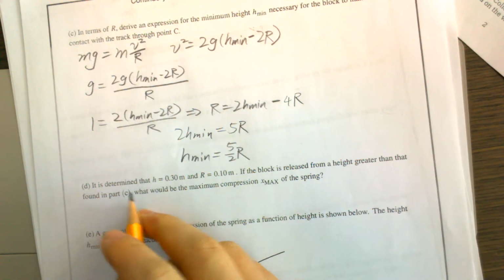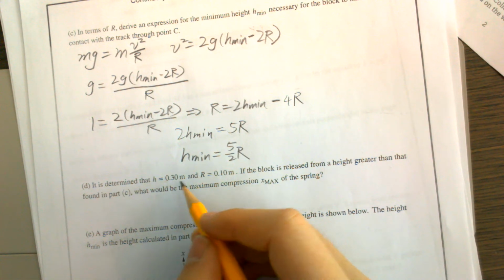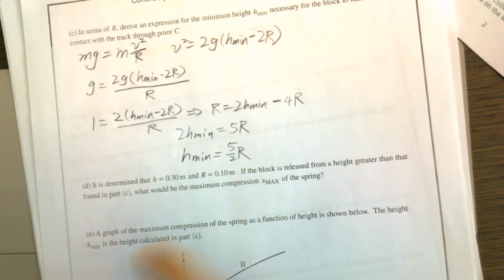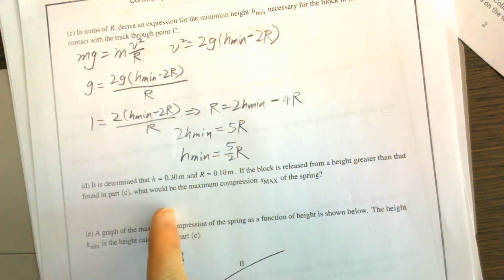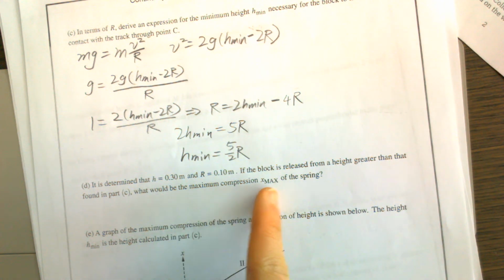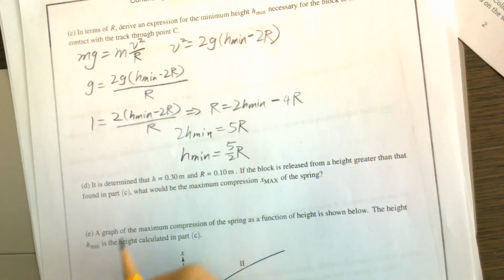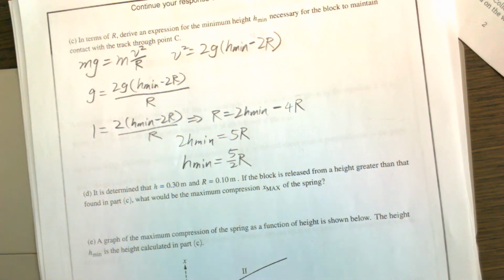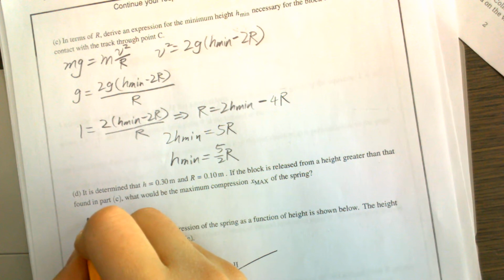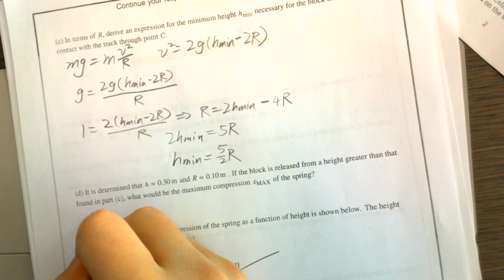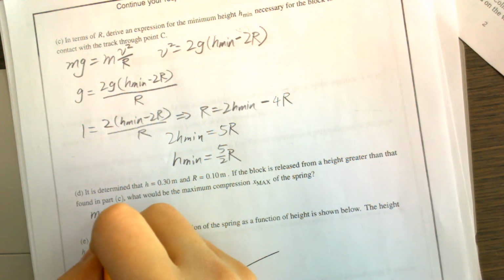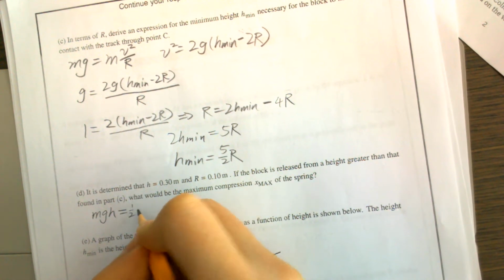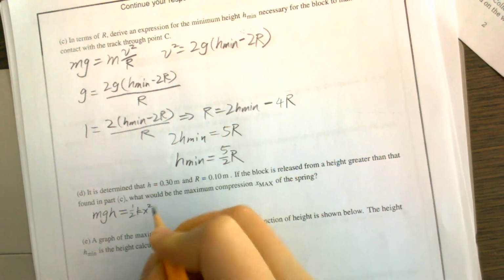Part D. It is determined that h is equal to 0.3 meters and r is equal to 0.1 meters. If the block is released from a height greater than that found in part C, what would be the maximum compression x max of the spring? So the total initial energy is my initial potential energy, which is mgh, and that should equal 1/2 kx squared.